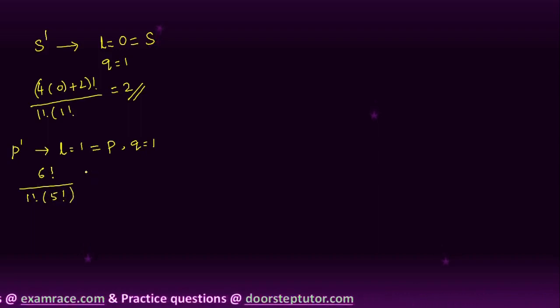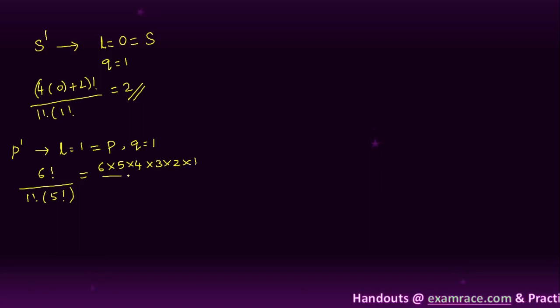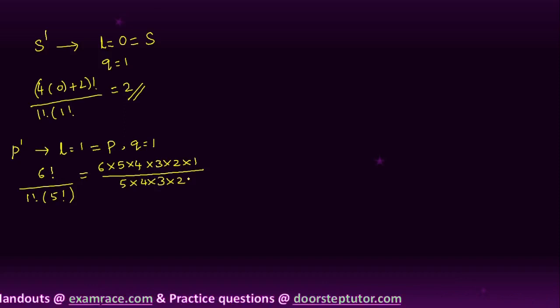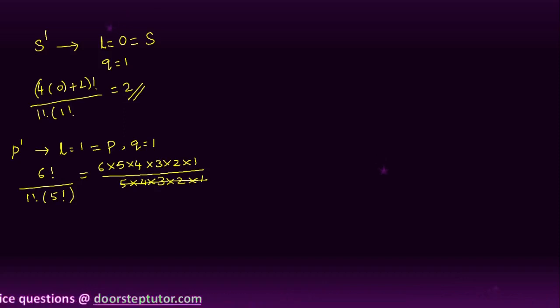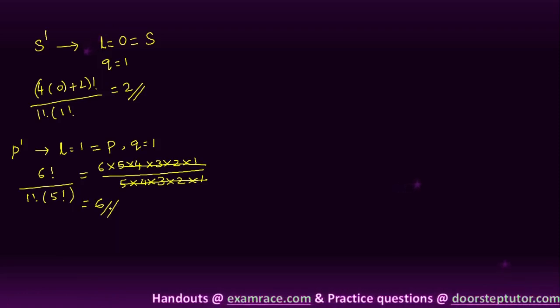After simplification, 6 factorial we can write as 6 into 5 into 4 into 3 into 2 into 1, divided by 5 into 4 into 3 into 2 into 1. These get cancelled, then the number of microstates is 6. Clear, right?